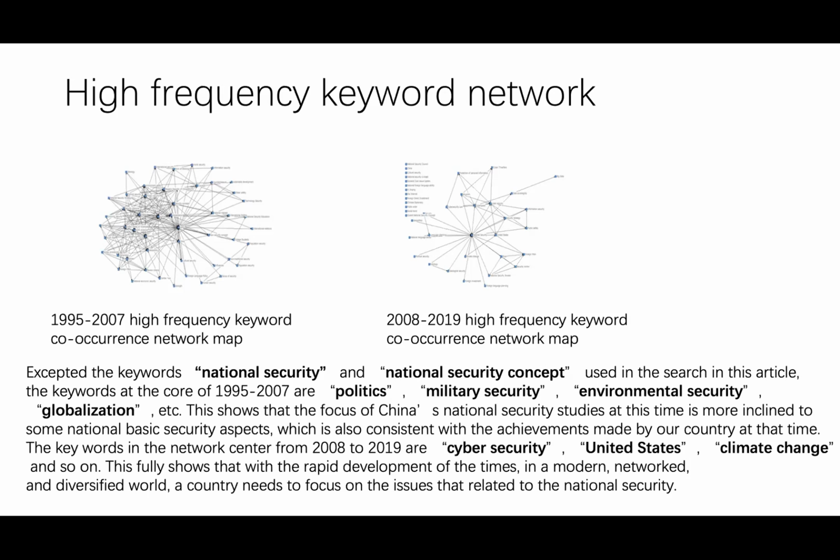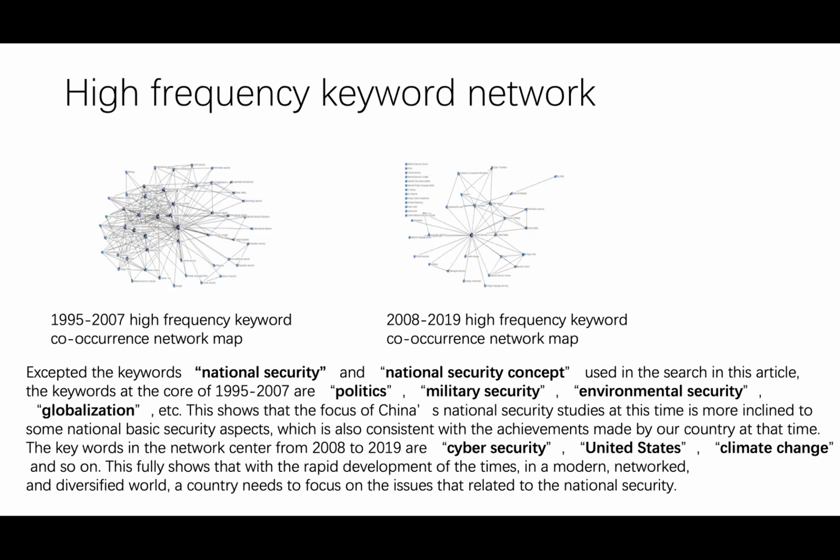However, in the second period, Chinese security shifted its focus more to cyber security, climate change, and software security. That means that Chinese security has developed greatly based on security knowledge, becoming more mature and more concerned about software security.